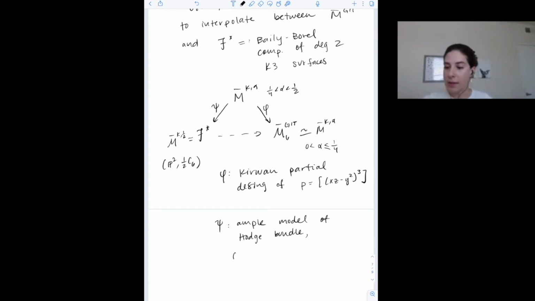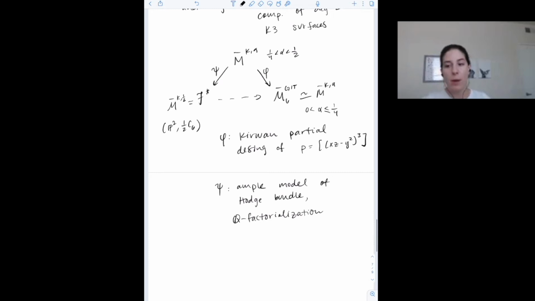You can also think of it as a Q-factorialization if you think in the other direction. We do have this divisor in the Baily-Borel moduli space parameterizing the unigonal K3s. And if you think of that divisor living in the Baily-Borel moduli space, this map is the Q-factorialization of that divisor.